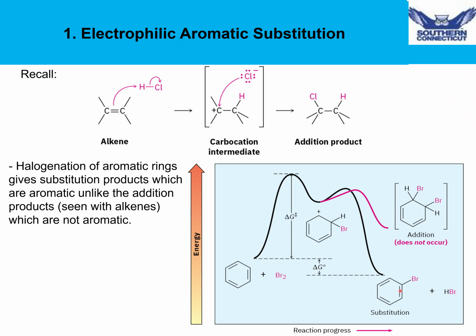The reason why aromatic compounds are very different in reactivity than alkenes is because the aromatic ring is very stable. So rather than doing an addition reaction, we want to keep that aromatic ring, so we do a substitution reaction instead.